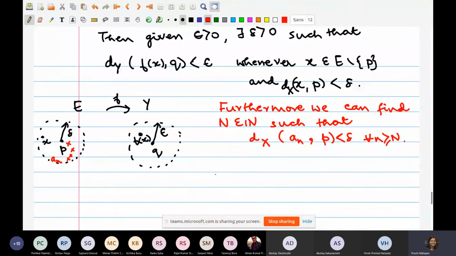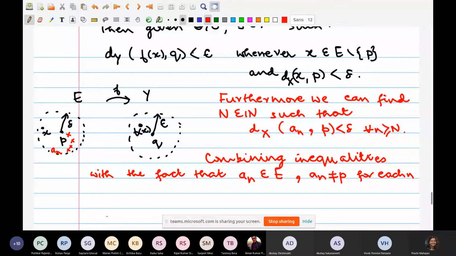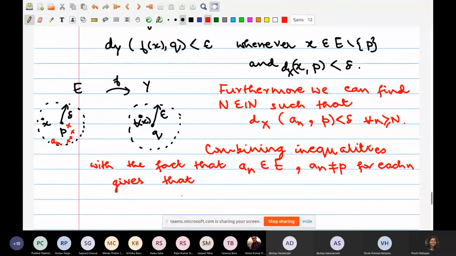Yeah? So I'll just say that combining inequalities with the fact that the a_n actually are points in E, and each a_n is distinct from P, gives that the a_n are mapped via f into this epsilon neighborhood of the point Q from some stage onwards.